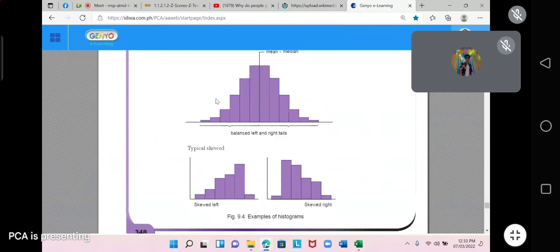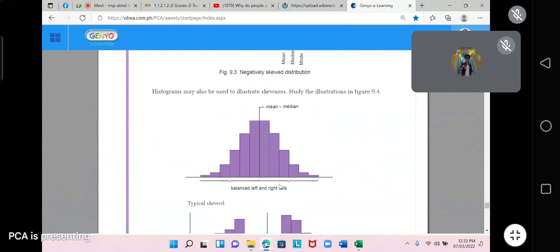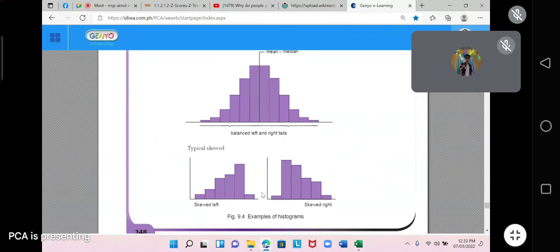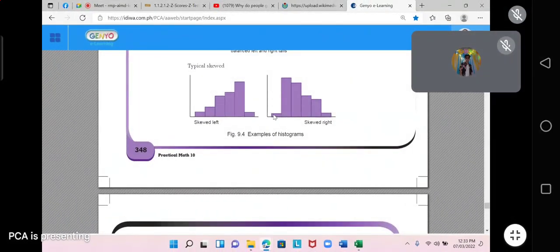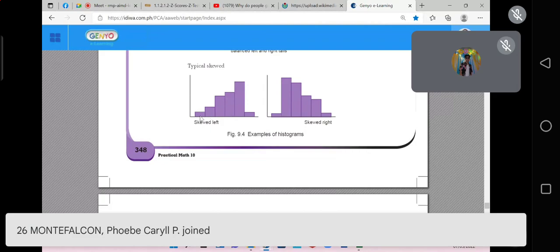This is a histogram, skewed to the right, skewed to the left. More scores here. This one is an outlier, but there are much more in here. How many outliers? It's 1, 2, 3. In the center, so that's why it's right skewed. This is left skewed.